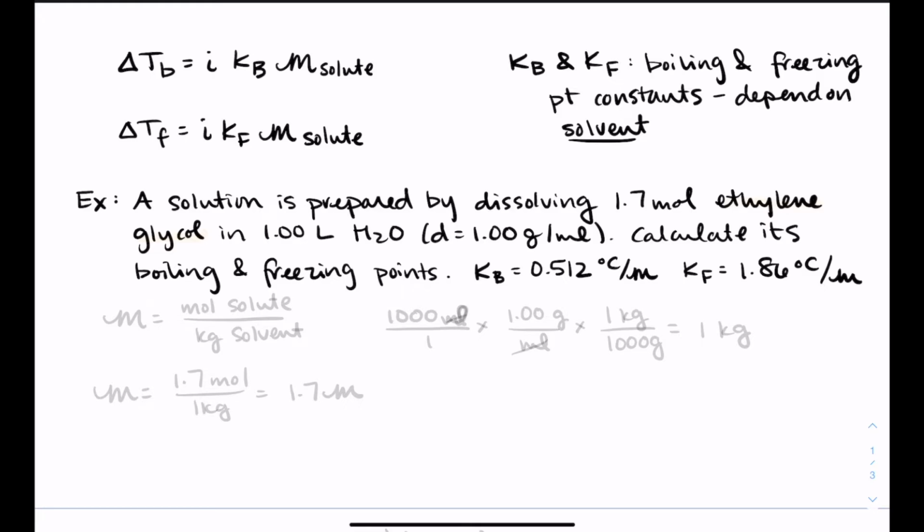So we're going to look at a solution prepared by dissolving 1.7 moles of ethylene glycol in 1 liter of water. And we have the density for water. We need to calculate its new boiling and freezing points. And we have the KB for water and the KF for water. So you can see this is degrees Celsius per molal, or per molality.